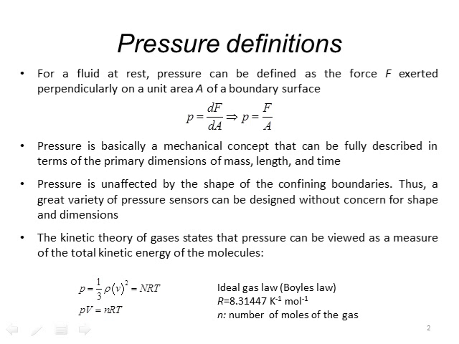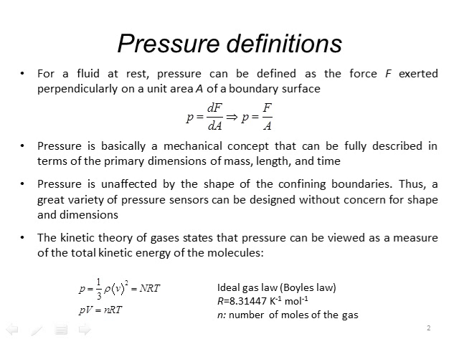So pressure is basically a mechanical concept that can be fully described in terms of primary dimensions: mass, length, and time. So we have Newton and meter square. So Newton, then we get mass, length, and time involved, and then the area, we also have length involved.